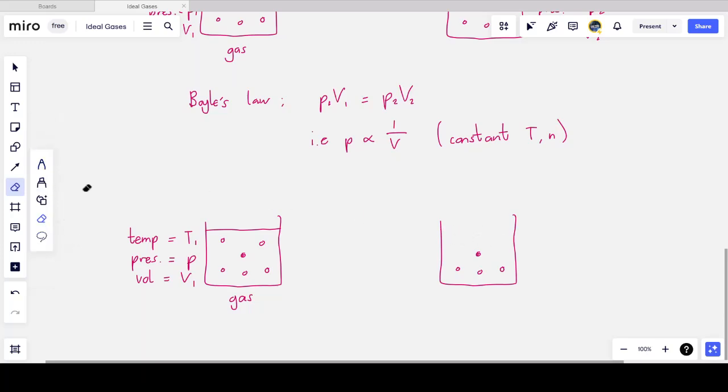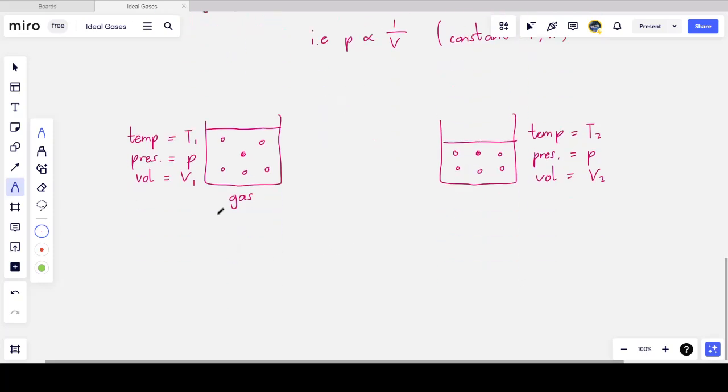So if I take this gas and I change its volume, you can see it now by means of a piston. Maybe I compress this gas so that it has a lower volume. The new temperature is T2. I somehow managed to keep the pressure constant by adjusting the temperature, and the new volume is V2.